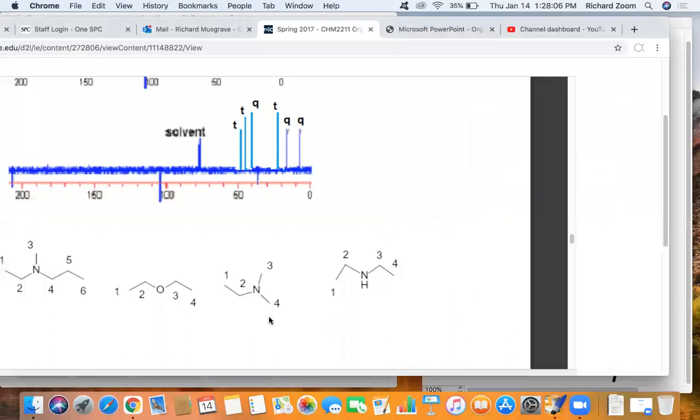Now, if you look at this one here, how many peaks do you expect to see for this one? 4. Not 4, 3. The reason is because these two are the same. They're related by symmetry, right down the center. So that would have 3 peaks. Is everybody okay with that? Can you draw where you're drawing the line of symmetry? Sure.